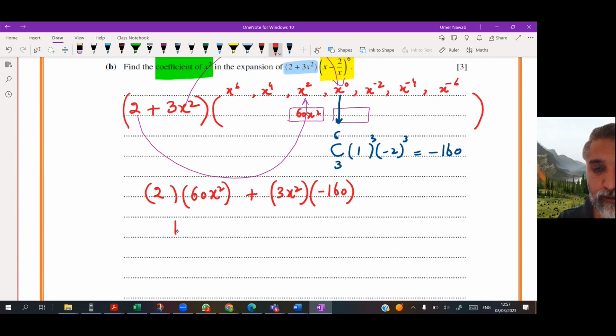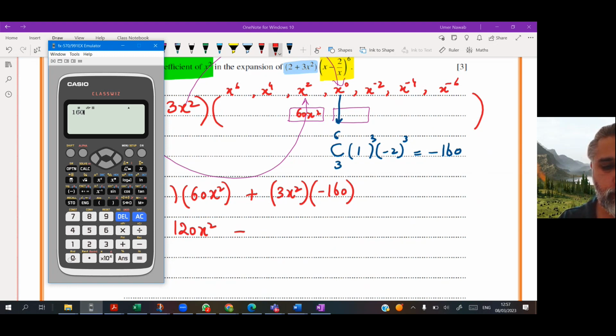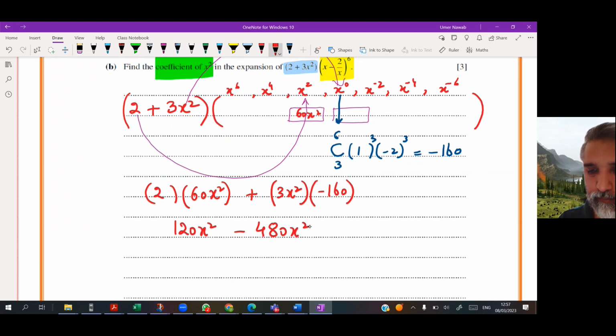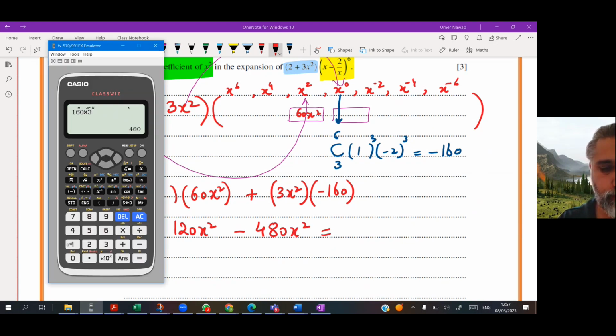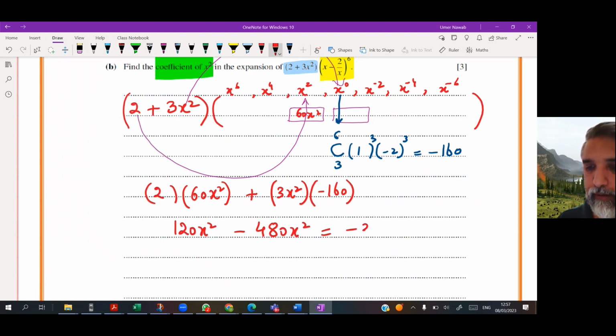This will give you 120x squared. Minus 360 x squared. We are looking for the coefficient of x squared, which is minus 360. That's the final solution.